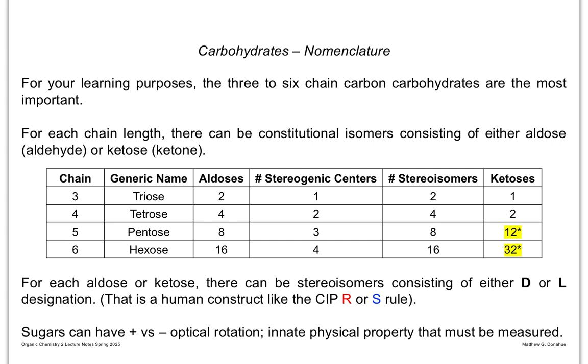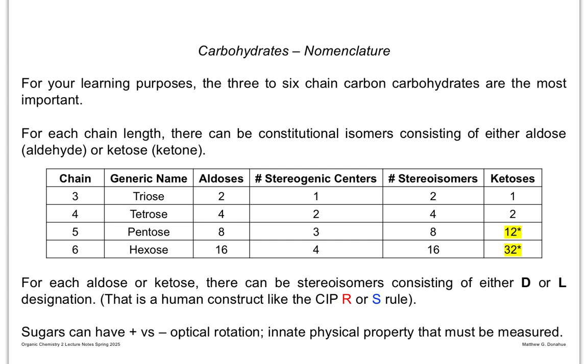Aldose, ketose tells you sort of where the carbonyl is, what functional group it relates to. And then the tri, tetra, penta, hexa, that tells you the number of carbons in the chain. So today we'll look at, starting from the 3 carbon sugars, trioses, we're going to build the chain length up to make tetroses, pentoses, and hexoses.